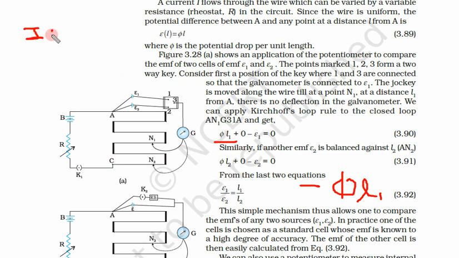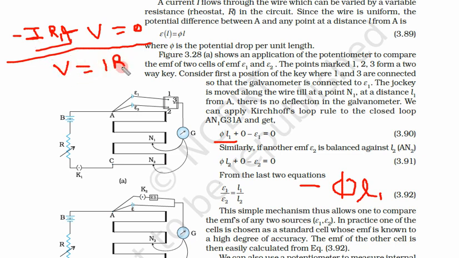You were doing IR1 minus IR1 plus some V, that must be equal to 0. These kind of structures you were using. Now here V is equal to IR, so this is also a potential drop. So you are using IR as a potential.